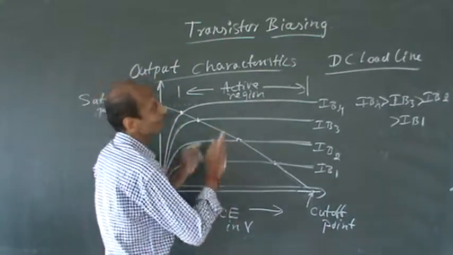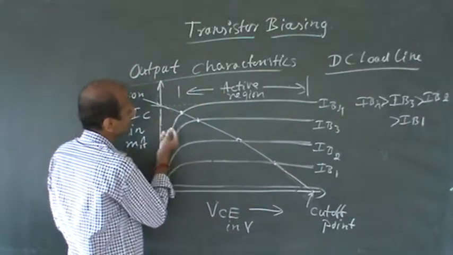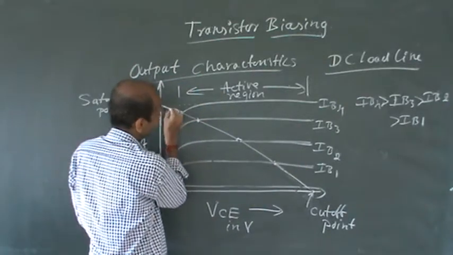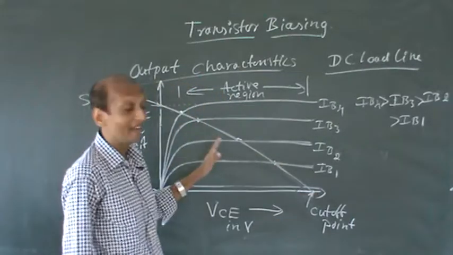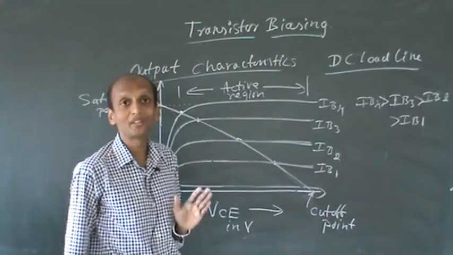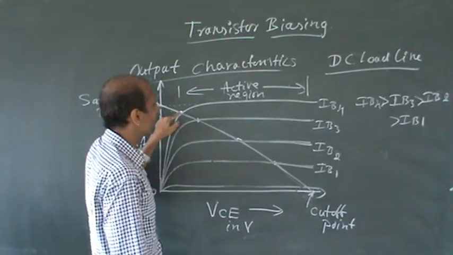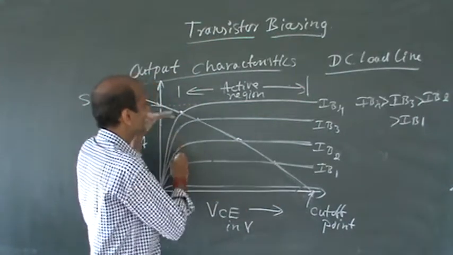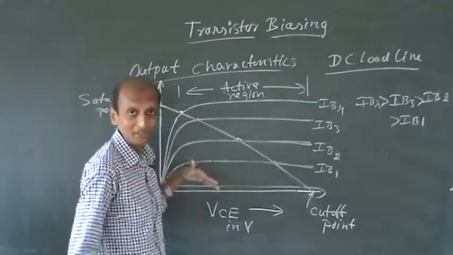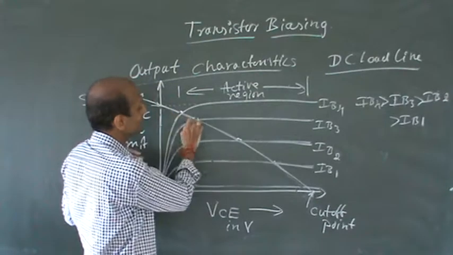Now we will see about the DC load line. The DC load line is nothing but a straight line drawn in the output characteristics of your transistor, which will give us different DC voltages and different DC current values.